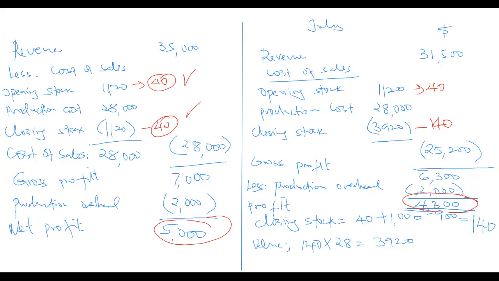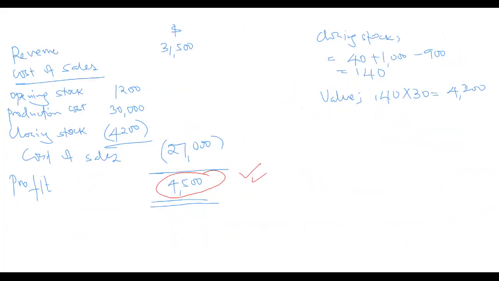If, however, they're different, like in the month of July, where you had 40 opening and 140 closing, then the profit will be different using either of those two methods. Here it was 4,200, and here it was 4,500, because you have different closing stock and opening stock values. Is that clear?